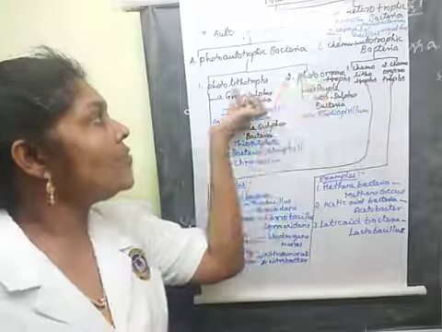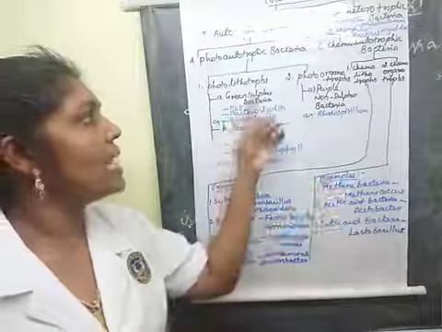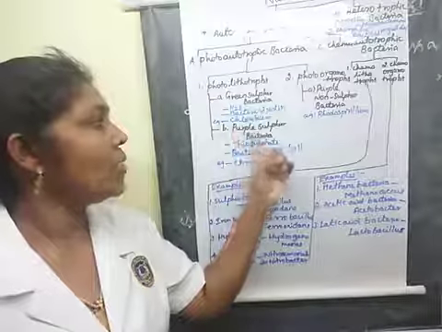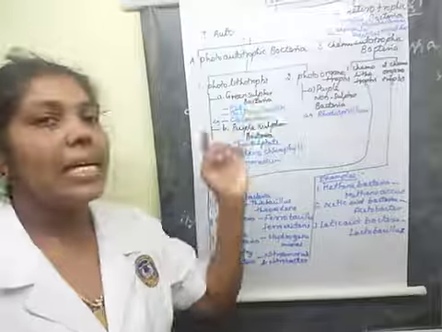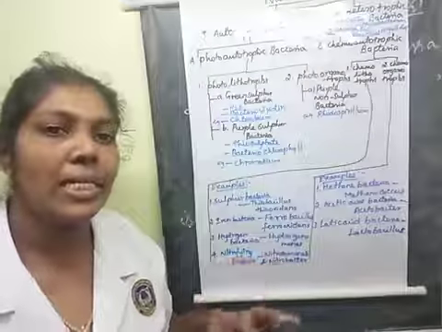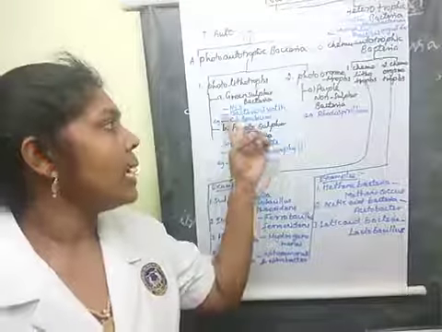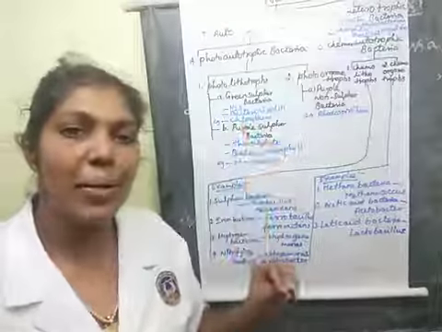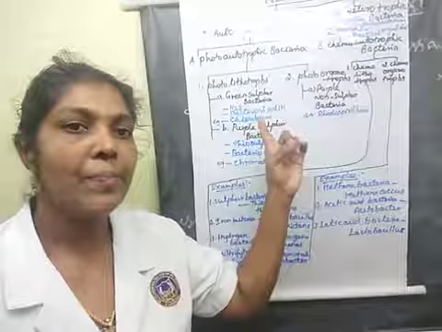Clear? So photolithotrophs come under two types, children: green sulfur bacteria and purple sulfur bacteria. Green sulfur bacteria use hydrogen sulfide, H2S, as the hydrogen donor. Their chlorophyll pigment is bacterioviridin.